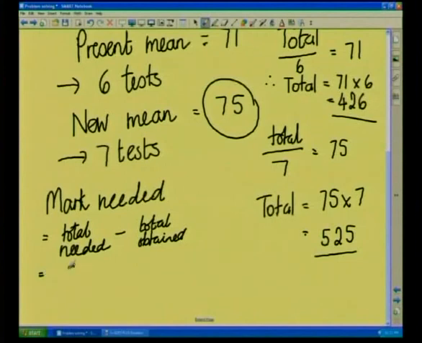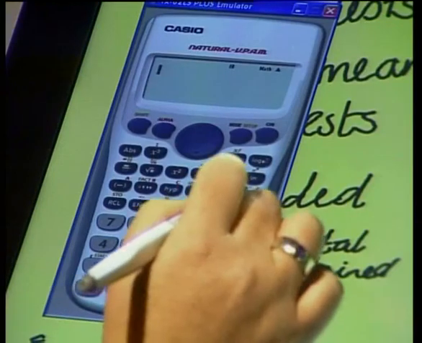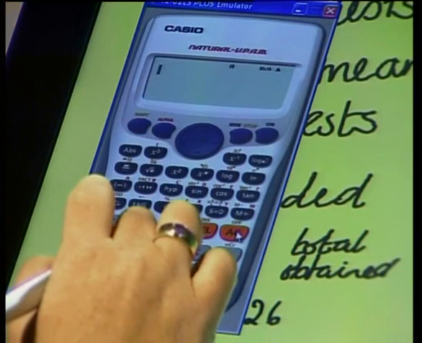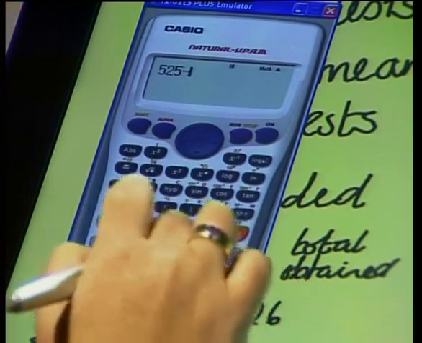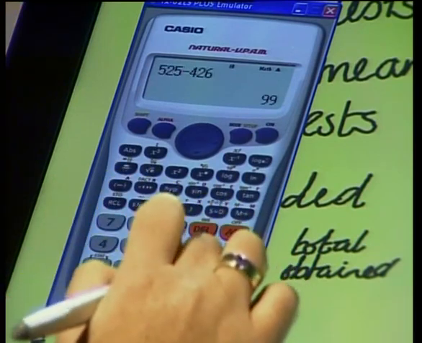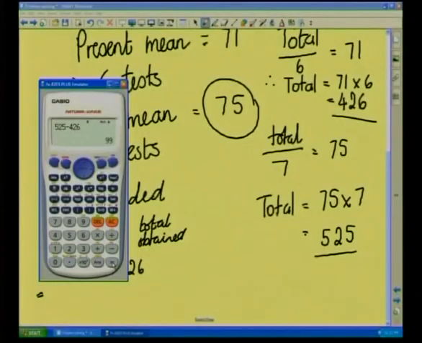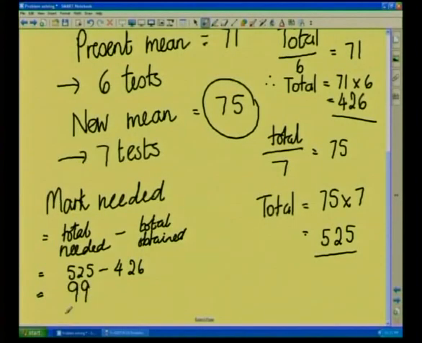So that's going to be 525 minus 426, and what she needs in order to get a 75% average is 525 minus 426 is equal to 99. So she needs to get 99 marks in order to get an average of 75.